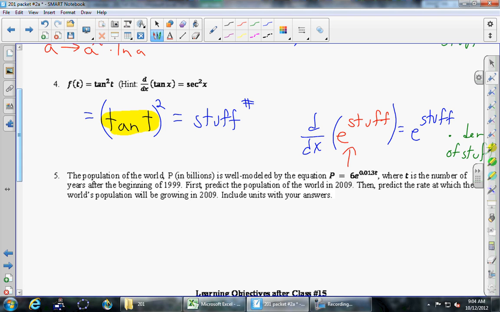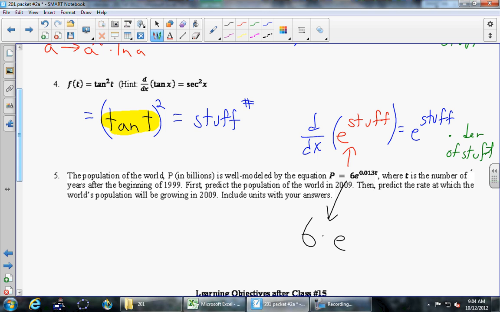So this one is short enough. We'll just write out what the derivative is here. You can check your answer. That 6 is a constant multiple. Does it stay or go when I take a derivative? Stays. Constant multiples stay. Constants floating by themselves go away. 6 times e to the stuff becomes e to the stuff. We copy it. E to the 0.013t.